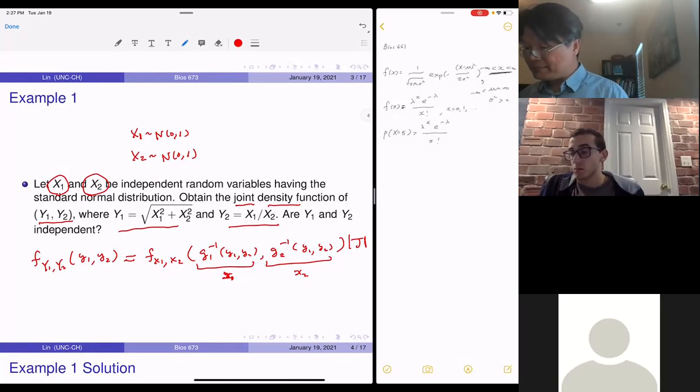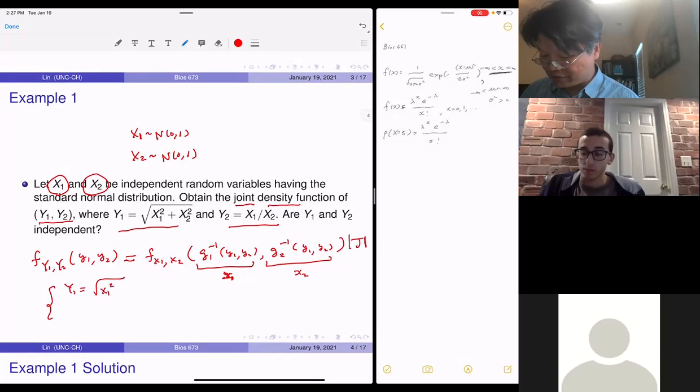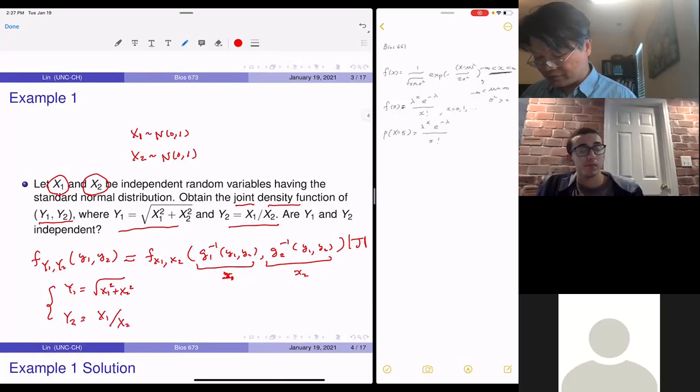But in this question, it's a real one. Normally, when you do the inverse function, I normally teach students to just write it down. So y1 equals x1 squared plus x2 squared, and y2 equals x1 divided by x2. Then how do I find the inverse function? It's actually easy.